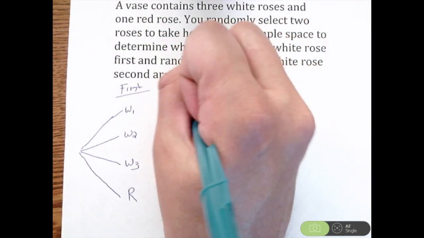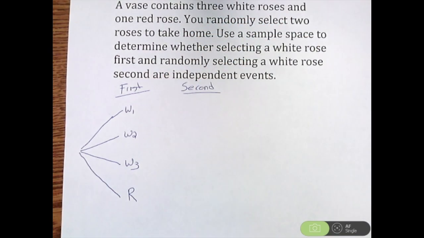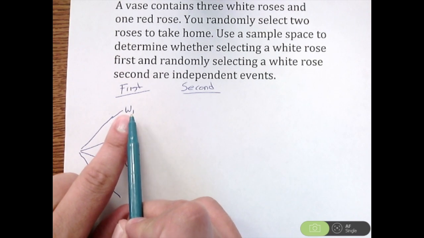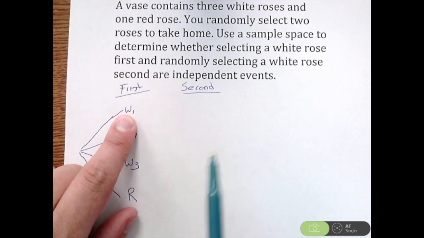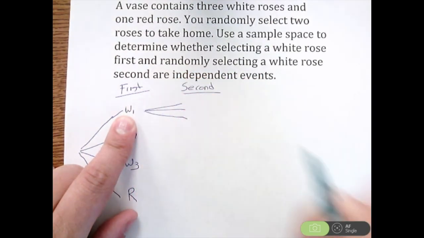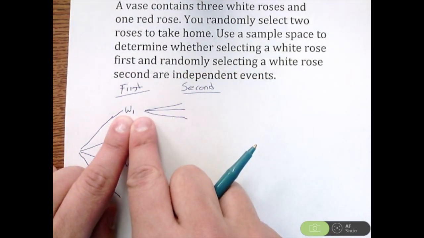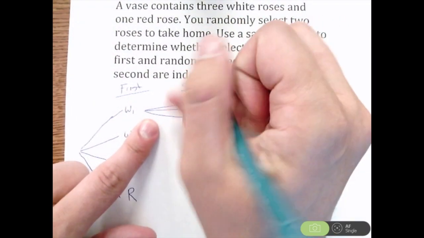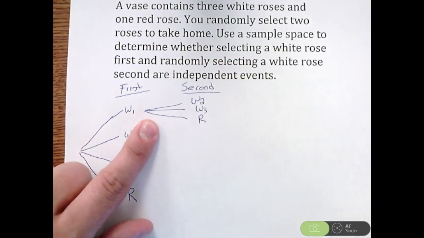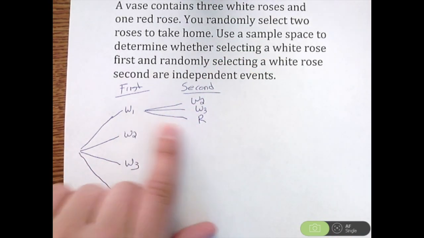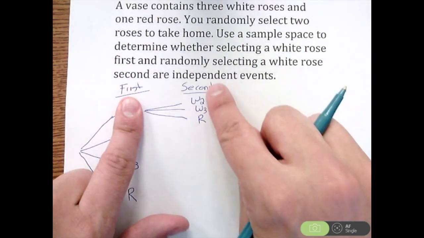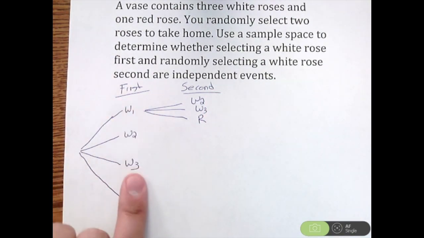Now let's look at selecting that second rose. Say I selected white rose 1 first. When I'm selecting my second rose, I can't pick white rose 1 again because I already have that. So my options are W2, W3, and R. Because white 1 is taken away, I only have W2, W3, and R available.